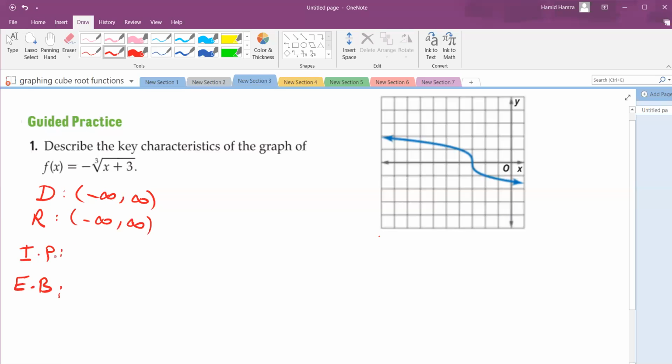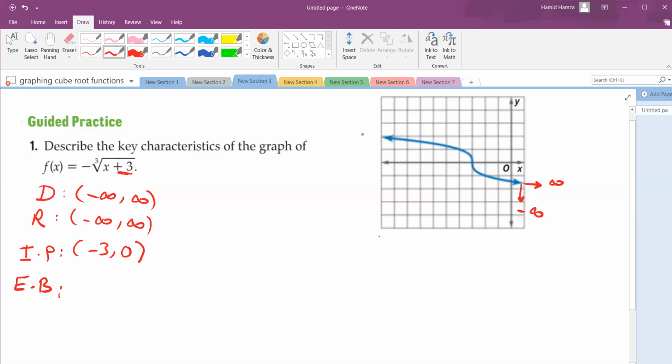The inflection point: we take this number with the opposite sign, so it will be negative 3. And do we have a number outside the root? We don't, so it will be 0. So negative 3 and 0 is the inflection point. The end behavior: this is my graph. As x approaches infinity, y approaches negative infinity.